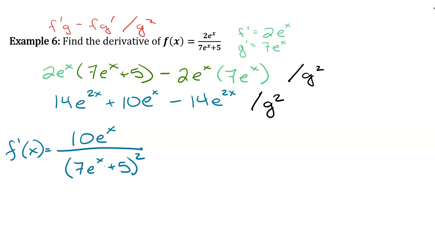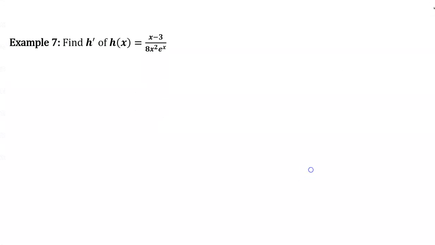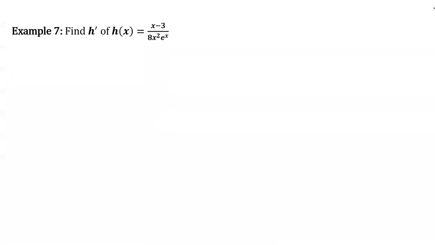So let's have one more example, and this one's a bit more interesting. So just looking at it, offhand, we have a small problem. We have both a fraction, which would mean the quotient rule, but we also have, in our denominator here, the product.